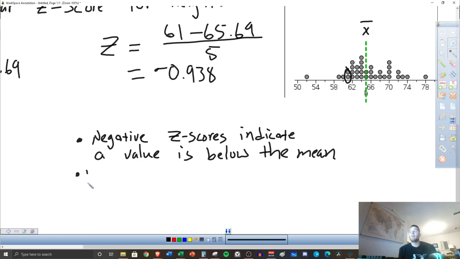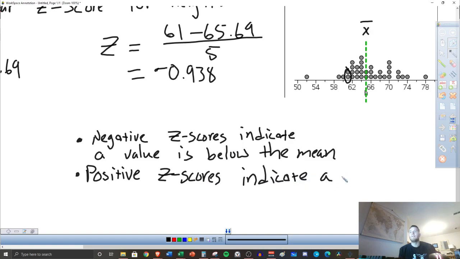Opposite to that, you have positive z-scores indicate a value is above the mean.